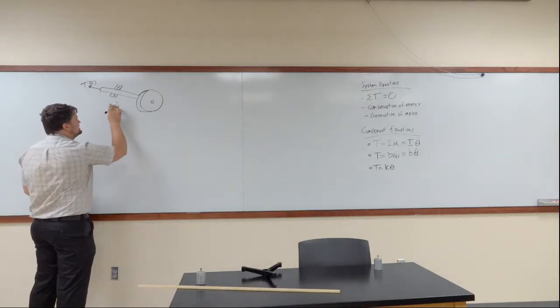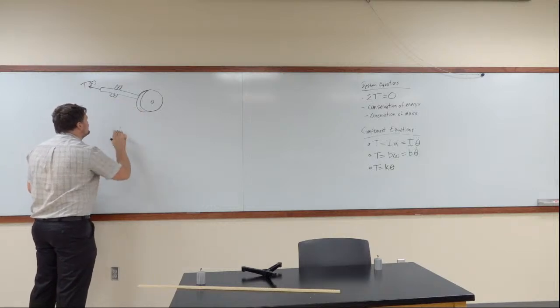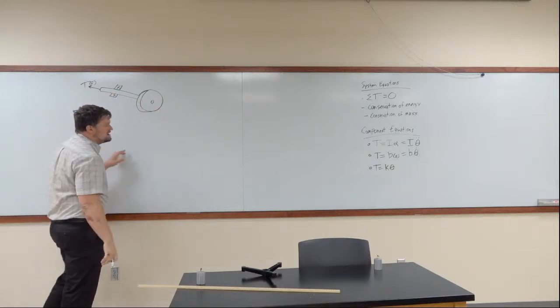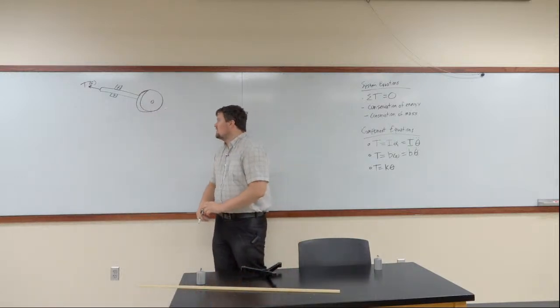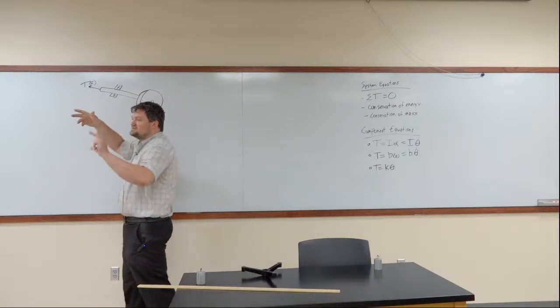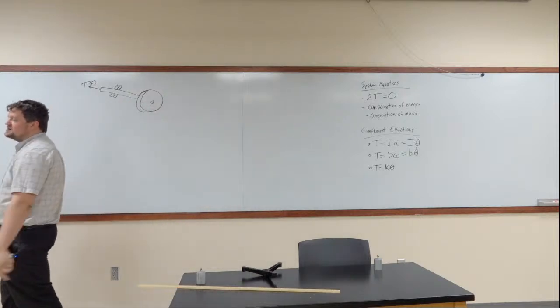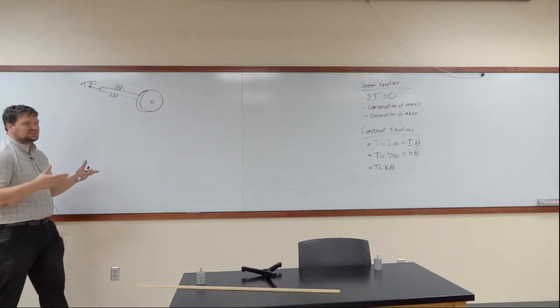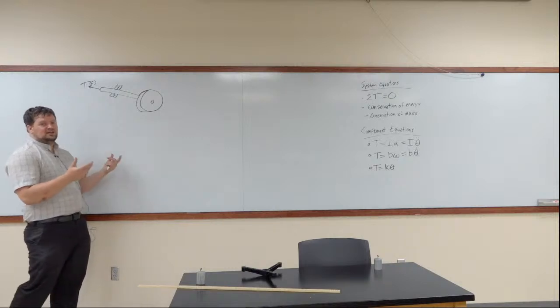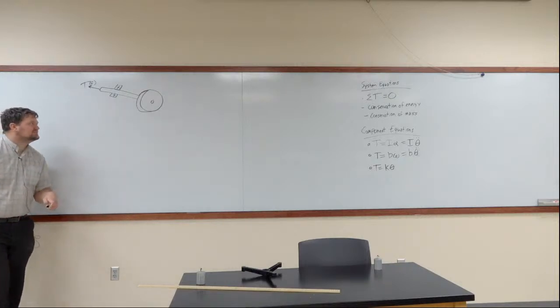So if we have a distance here, a bearing here, and a mass here, we have all three components. First of all, this shaft is going to twist when any amount of torque is applied to it. I didn't even have to draw a spring. Now that twist isn't going to be very much, and if it's a well-designed shaft, it's actually going to be very small. It has a good angular stiffness.